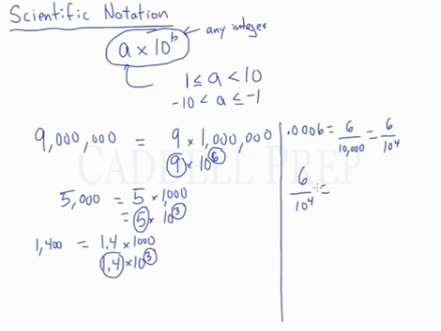Remember from our exponent lesson, if you move from denominator to numerator or numerator to denominator, you change the sign of the exponent. So if we want to write this up here, it would be 6 times 10 to the -4th. So in this case, the exponent's negative.